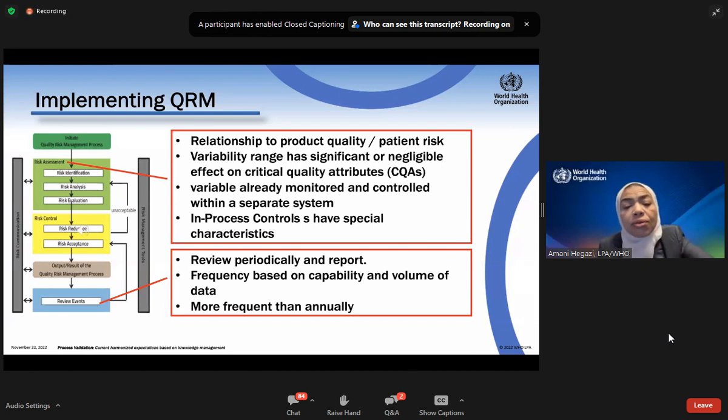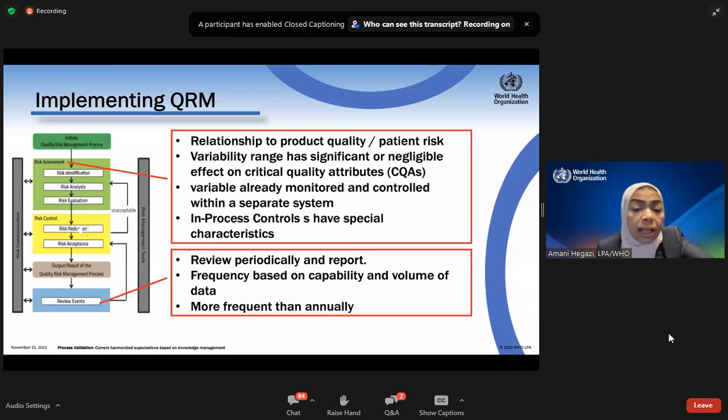And this control strategy itself should have a periodic review and reporting based on the risk. So if the process is well known, we have a very good understanding, a similar process and previous knowledge about the capability of the process, this minimizes the risk and may reduce the frequency of periodic reporting or revision of the control strategy and the continuous process verification plan.